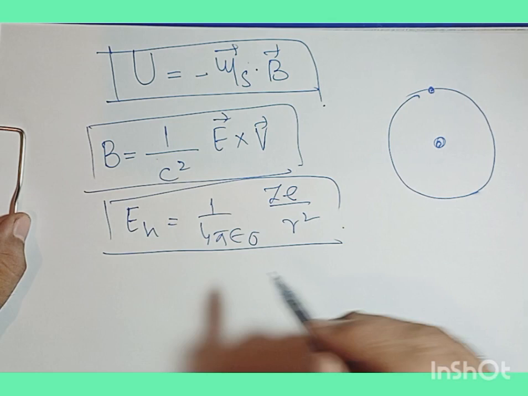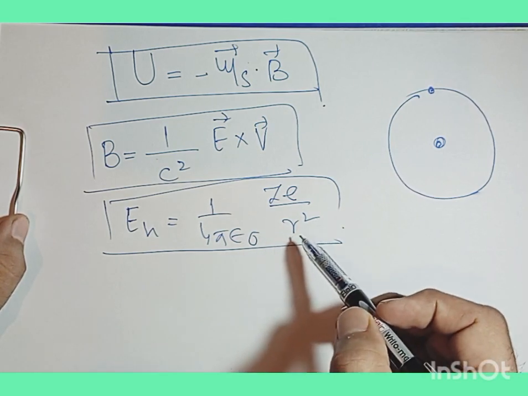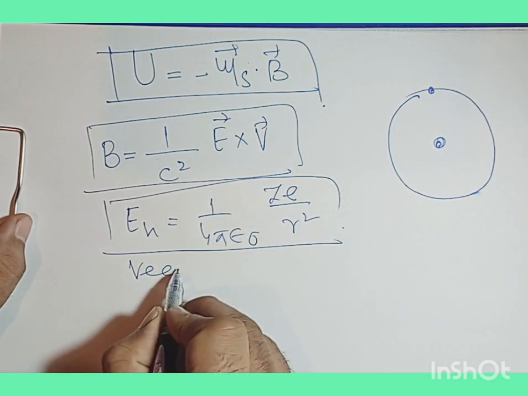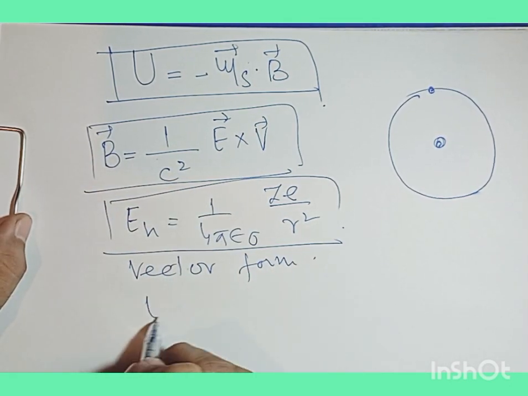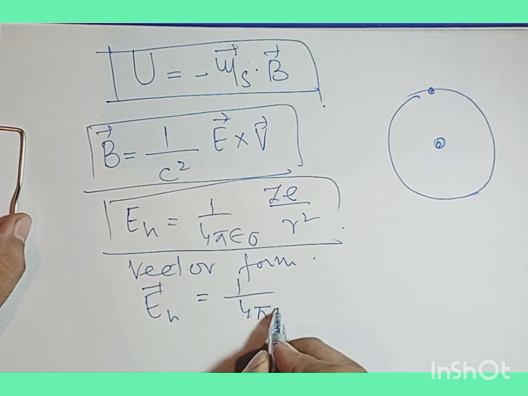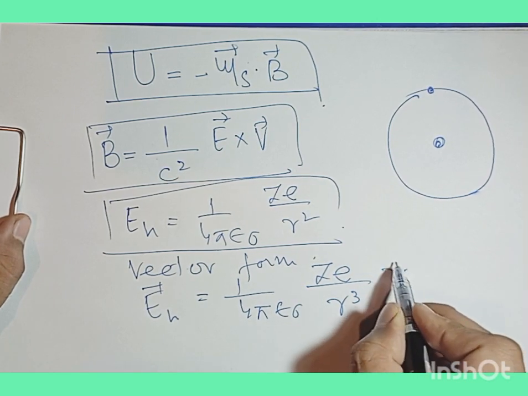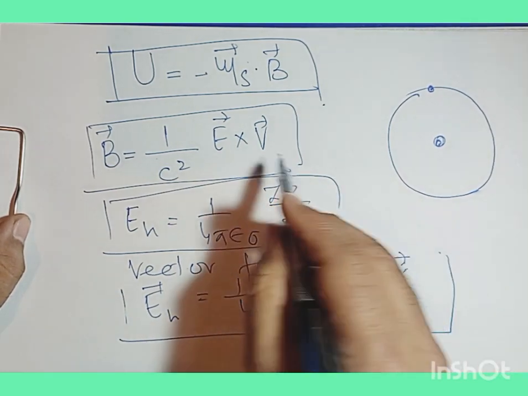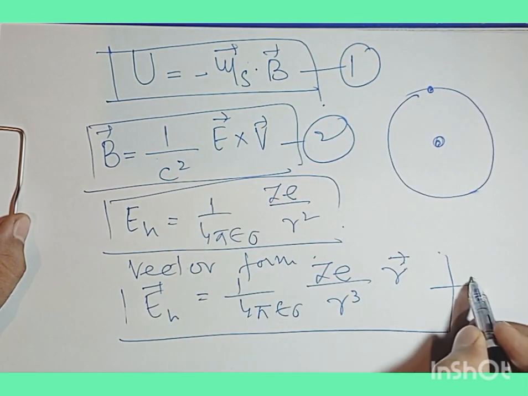Now, this Z is the number of protons in the nucleus, and R is the radius of the orbit. If I write this equation in vector form, the E vector is 1 by 4 pi epsilon naught ZE by R cube R vector. I'll call this 1, this 2, and this 3.